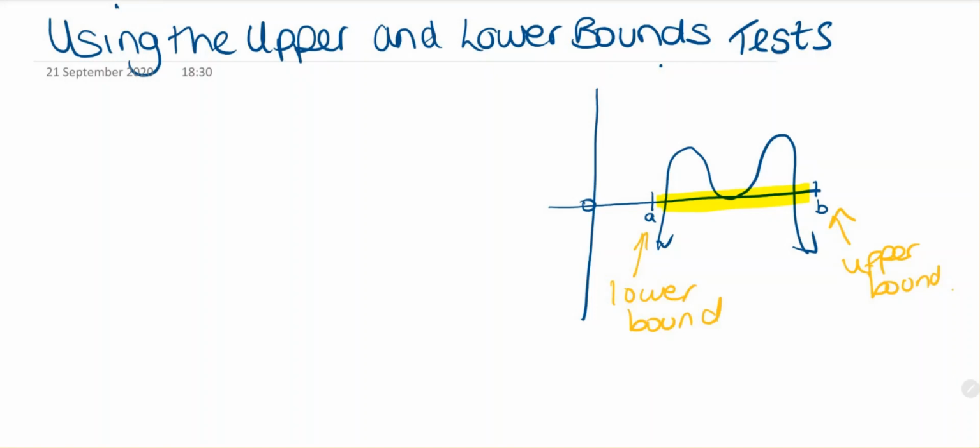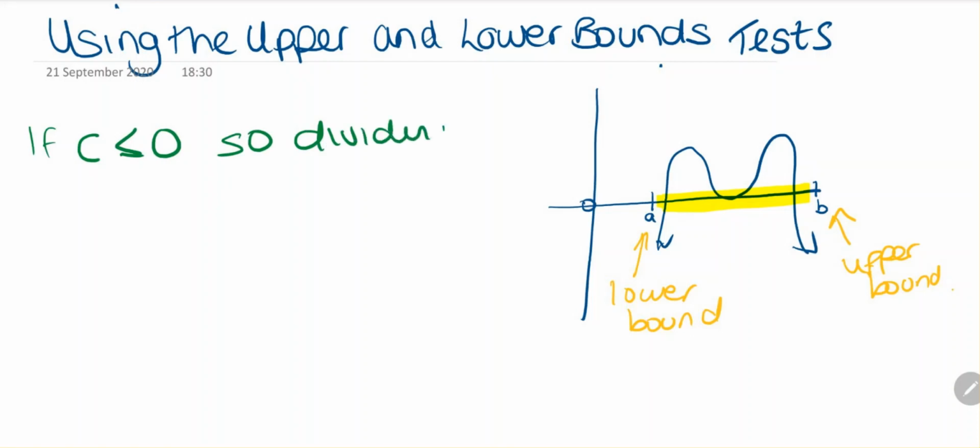So the key concept is when we actually use synthetic division and we get to our last row, our C value. If our C value is less than or equal to 0 and we're dividing by a negative, so let's use an example.